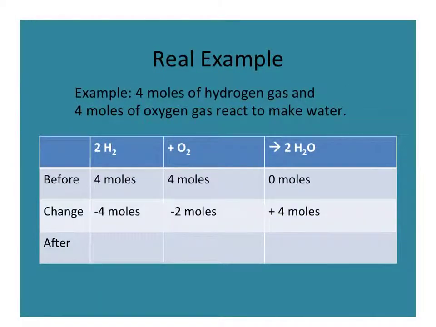Now to figure out how much we have left and how much we've made. So with the H2, we started out with 4, we used 4, so we have 0 left. For the O2, we started out with 4, we used 2, so we're left with 2 moles. For the water, we started out with 0, made 4, so we're left with 4.